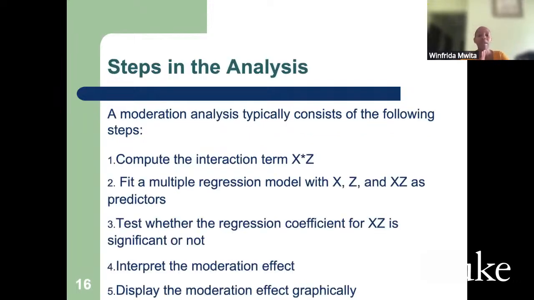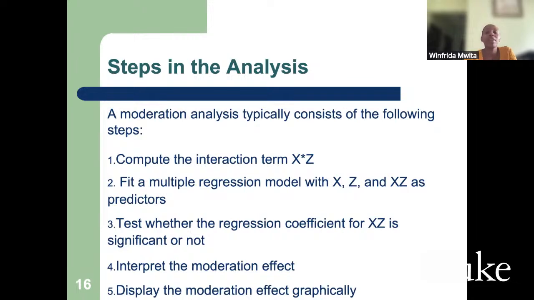In terms of analysis, if you already have enough evidence to take your third variable as a moderator, you would conduct your moderation analysis the way you do your interaction analysis. You would compute the interaction term between X, assuming it is your independent variable, and Z, your moderating variable.